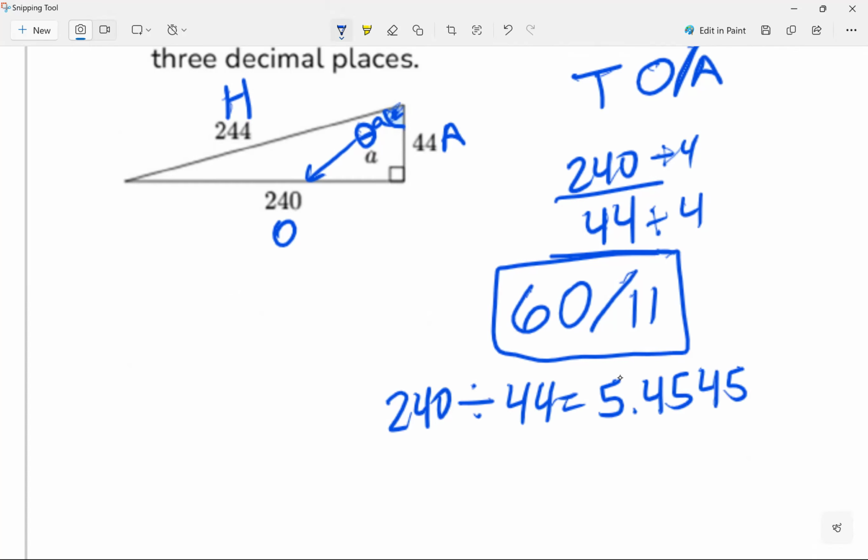My fourth decimal number is big enough, 5 or more, so it's going to push the previous number up. The 4 will become a 5. So my answer is 5.455. So as a fraction, 60 over 11, or as a decimal, 5.455.